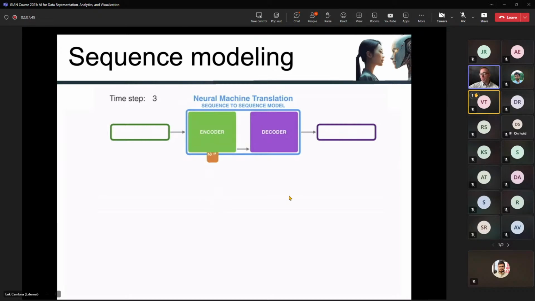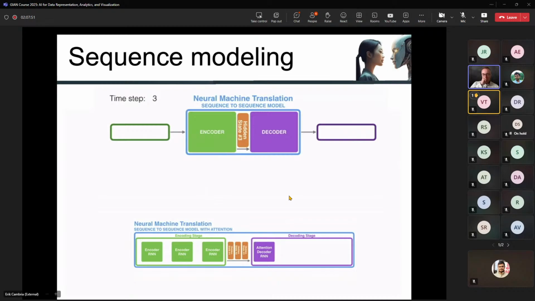I have once again my sliding window, and I can also stack more encoders, more recurrent neural networks inside, to do this as I go through the sentence. And then once I build the final hidden state that I pass to the decoder, I do the same at the decoding phase to translate the sentence into the target language.